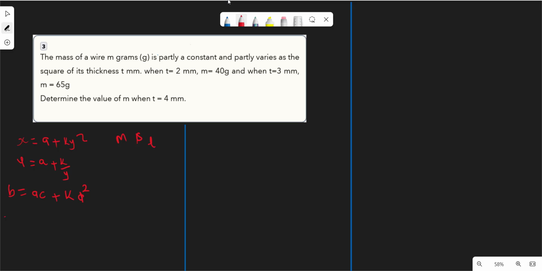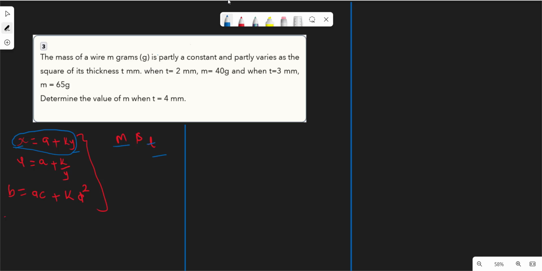From these three equations, what do you think is the equation we want? Obviously, the equation you want is this one, only that we have included a square here. So the variable x is replaced with m and the variable y is replaced with t.